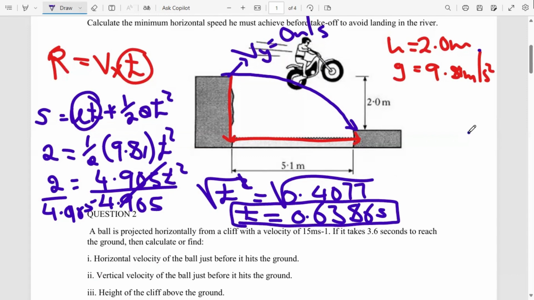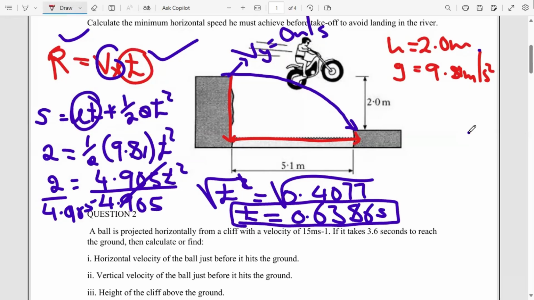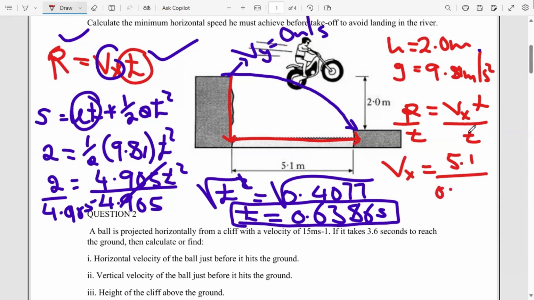Then we're going to get this time that we've calculated and plug it here to calculate the initial velocity, given that we already know the range that this motorcyclist is supposed to cover. So I'll go back to my red pen here. Our R is equal to Vx t, which means I'm dividing both sides by t. That means my initial velocity in the x will be equal to 5.1 over 0.6386.